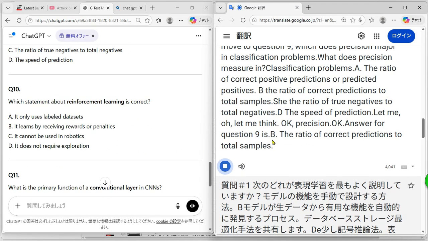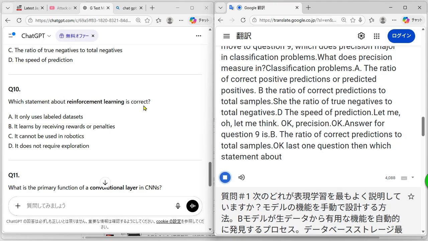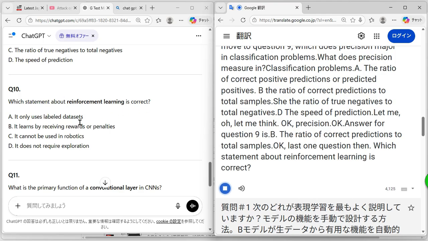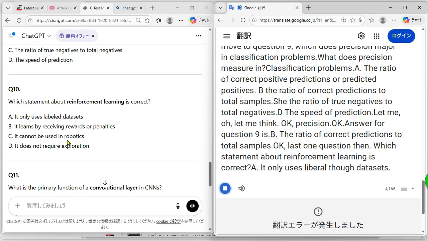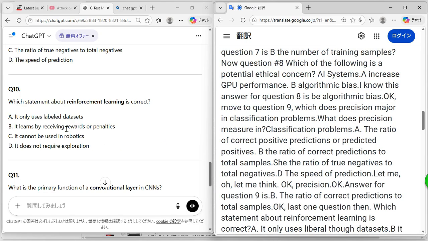Okay, last one, question 10. Which statement about reinforcement learning is correct? A. It only uses labeled datasets. B. It learns by receiving rewards or penalties. Okay.